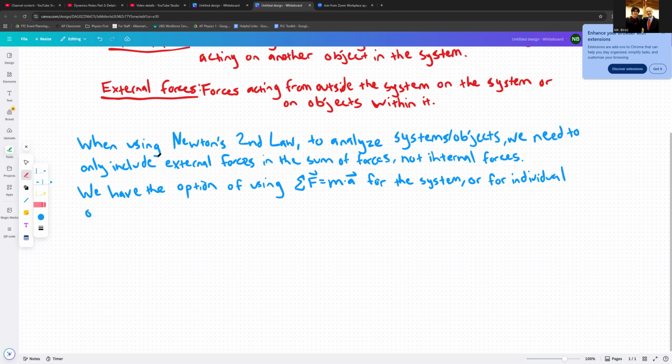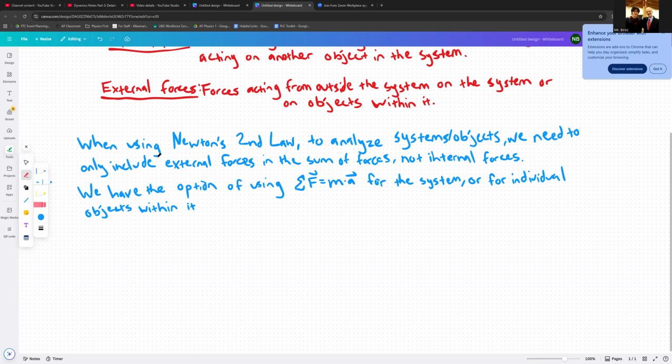In a little bit, we'll do an example that shows exactly what we mean by this. But the basics are, you could consider what are the external forces acting on my entire system, sum those up and use sum of forces equals mass times acceleration. Or I could pick one object within the system and say, I want to look at this object specifically. Let's consider what are the forces acting on this object. I want to do a sum of forces and look at the acceleration or the forces acting on this particular thing. So we can do that.